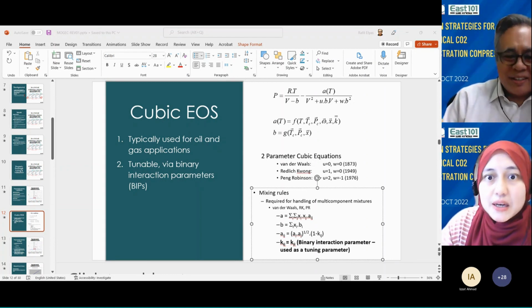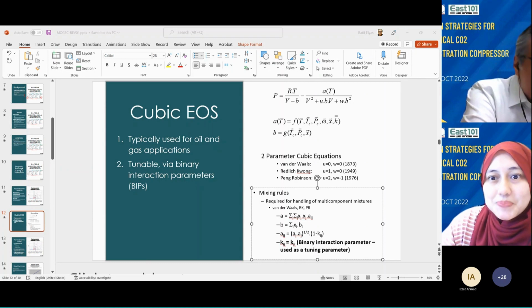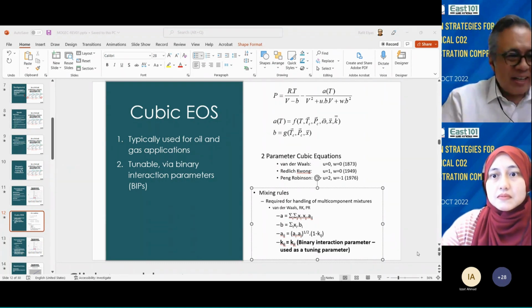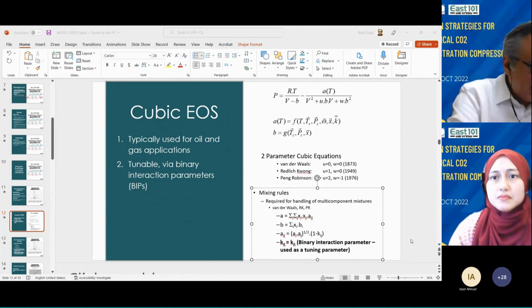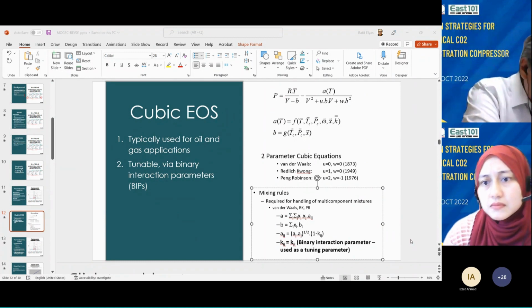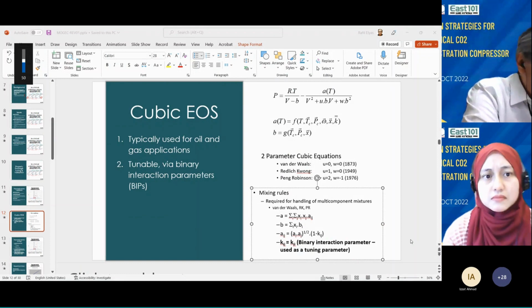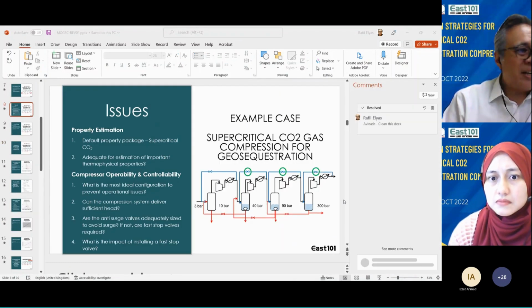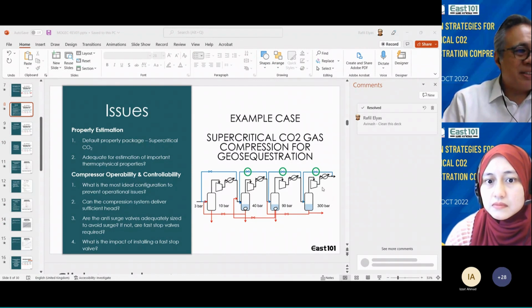Good afternoon. My question is regarding CO2. When we have high CO2 content in the gas, normally for the third and fourth stage, after we compress and then cool the discharge gas down to, let's say, 40 or 35 degrees Celsius, it becomes liquid.